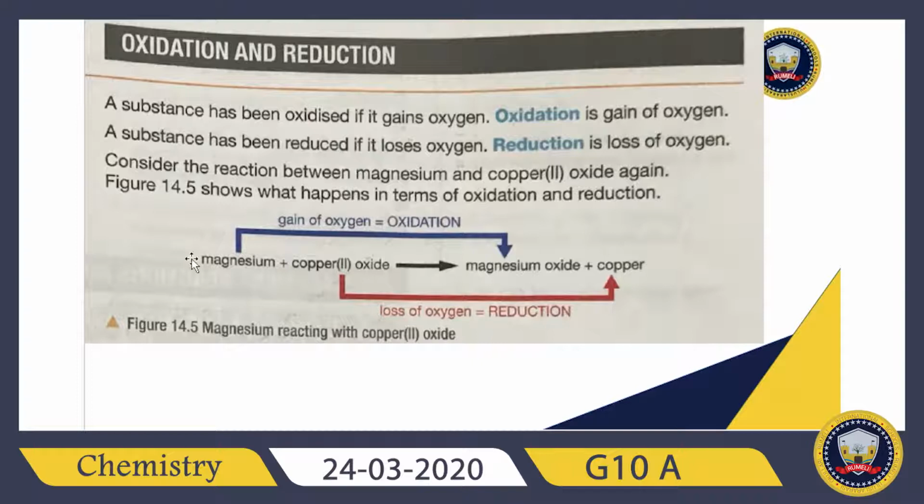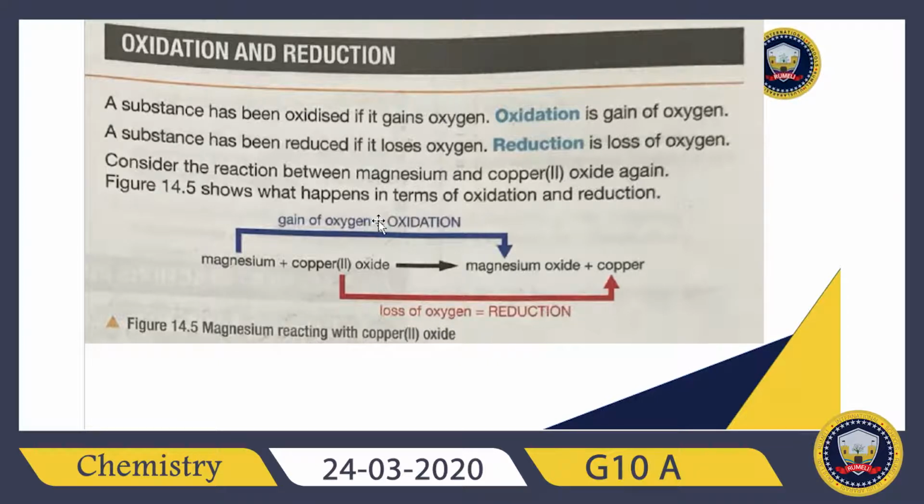Why do they call it reducing? Reduce means decrease. What did it reduce? It reduced the oxygen from the copper(II) oxide and took it. That's why we call it the reducing agent.